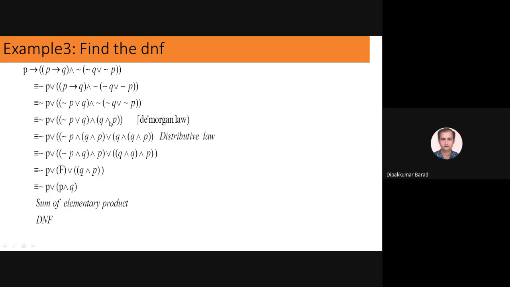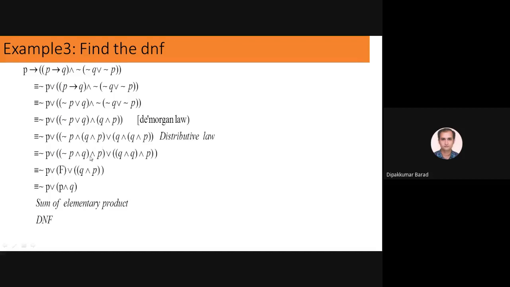Now we have applied the distributive law. So now I can say that this is P and Q and P, or P and Q and P. Q and Q and P. Now not P or not P, again we can write like this: not P and Q and not P. So what I get is not P and not P and P, which is false.